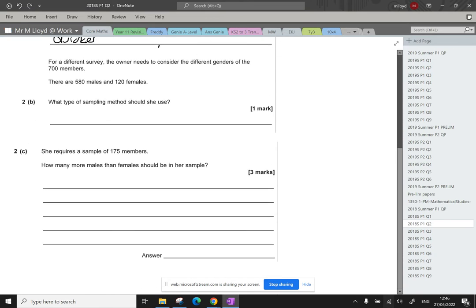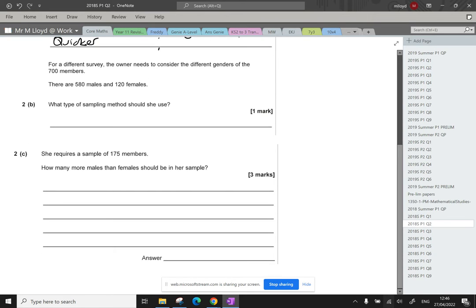Okay, what type of method should she use, considering that for a different survey, the owner needs to consider the different genders of 700 members. There are 580 males and 120 females. So you want to have a fair representation, so a fair proportion. If you wanted to survey 70 people, that's 10%.